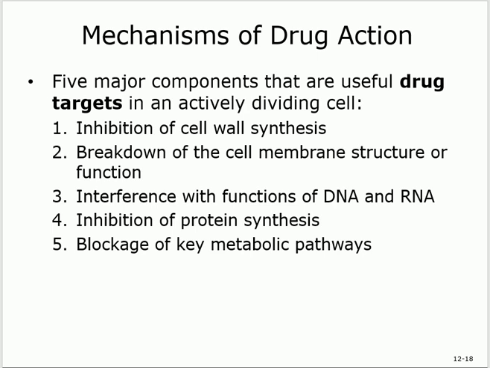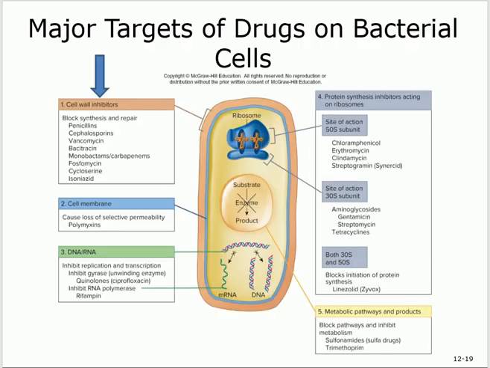Can we work against the ribosomes to stop protein synthesis so the bacteria die? Yes. Can we block some pathways, like reactions, and stop these reactions? We can. So these are the different mechanisms that we will work on to kill the bacteria.